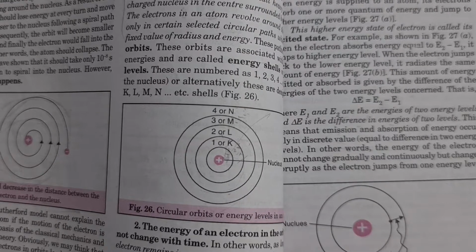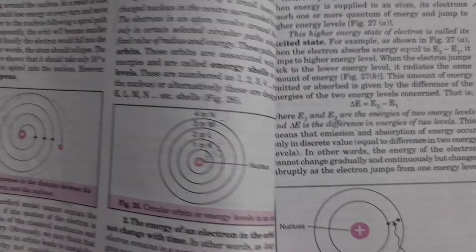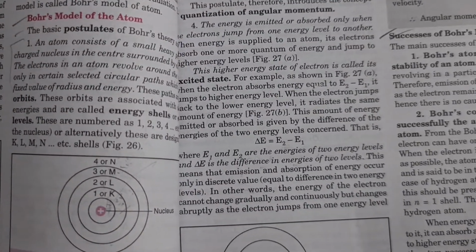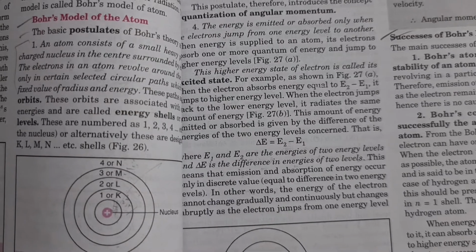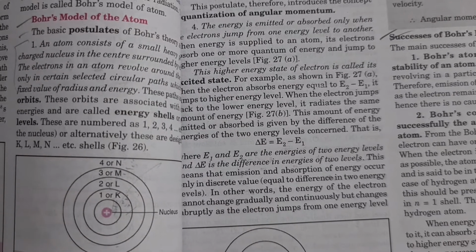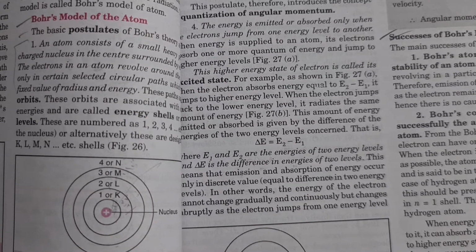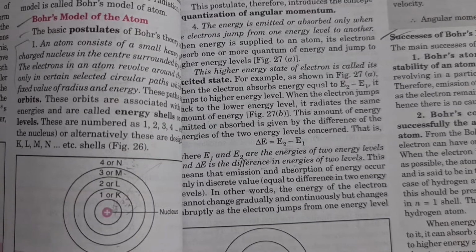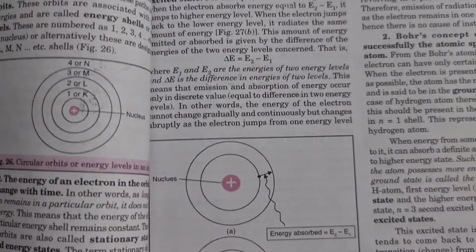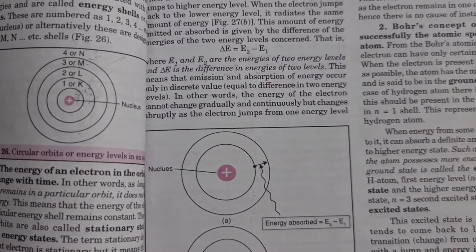The energy of electrons remains constant, then there is quantization of angular momentum, and then an electron can absorb energy, move to a higher excited state and come back to the ground state. That energy difference can be calculated by E2 minus E1, where E1 and E2 are the energies of two different energy levels. I hope you are understanding what I am saying.